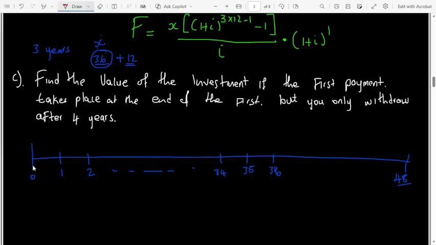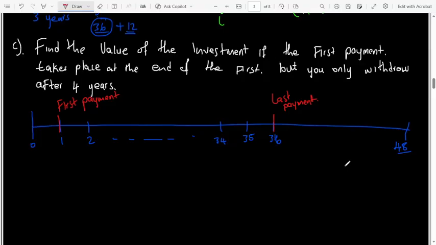This will be your first payment, and at 36 you're going to make your last payment. Then you leave the whole amount for 1 year, and only withdraw after 4 years.